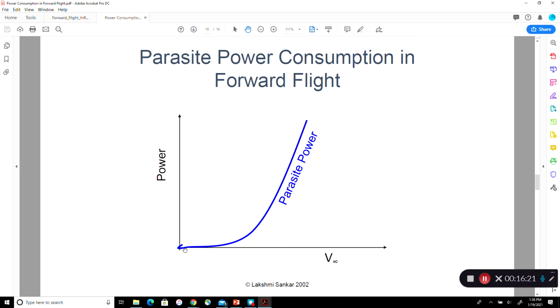Parasite power, on the other hand, varies like velocity cubed. So if you double the velocity, the power is going to go up 8 times. Just like a car, if you go from 30 miles per hour to 60 miles per hour, drag varies as 4 because it's proportional to velocity squared. Power varies as 8 because it's velocity cubed. Okay, so you need lots more power.